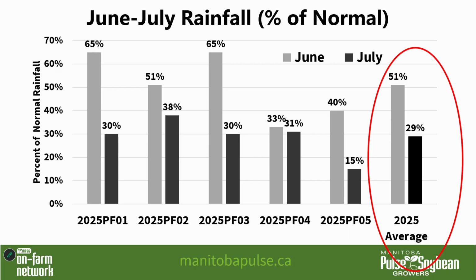And the average rainfall across all sites was just 51% of normal in June and 29% of normal in July. So the drier conditions meant that disease pressure was low, and this reduces the likelihood of seeing a yield response to the fungicide.